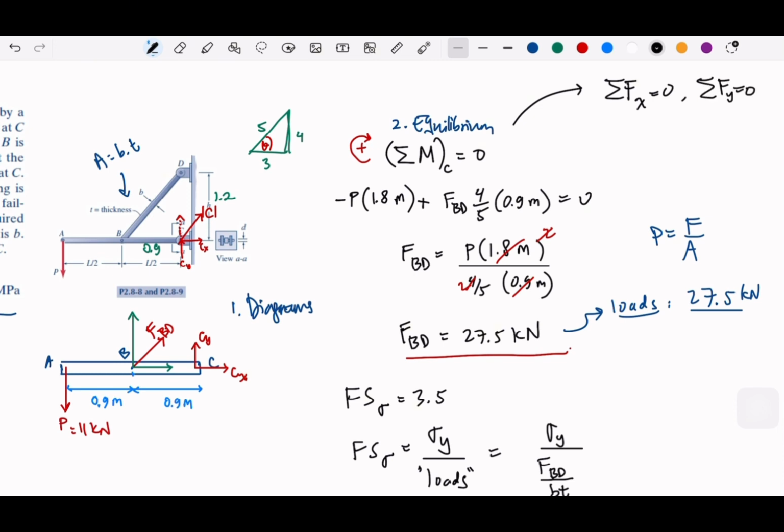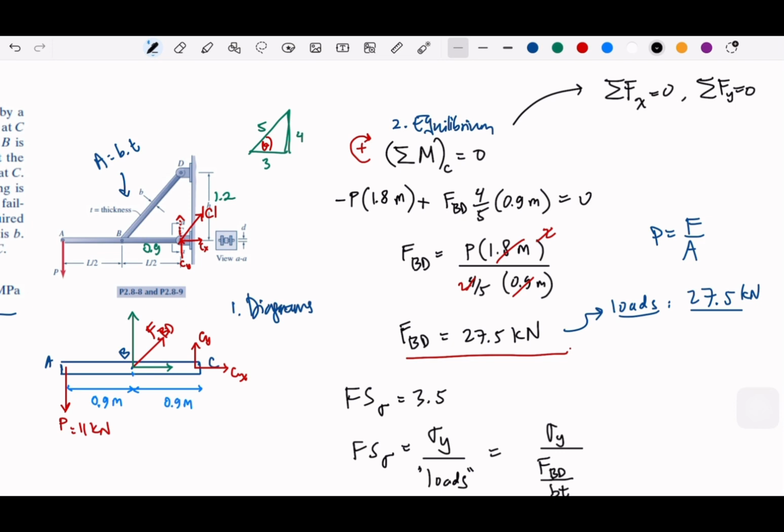And then from the figure, we get that the vertical, we can get, if we take the moment at B, actually, if we take the moment at B, we can get immediately Cy, right, and B, right? We can also do that.